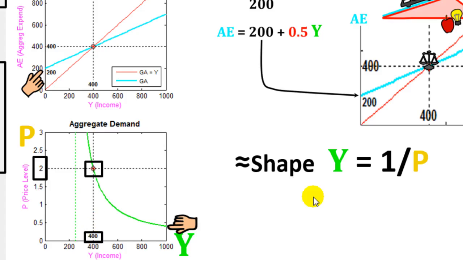Maybe you are used to seeing it this way, which mathematically is the same. You have P in the vertical axis, and then you have Y in the horizontal axis, it is exactly the same. When one gets small, the other one gets big, and vice versa.